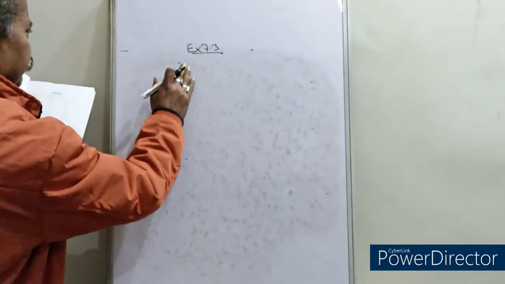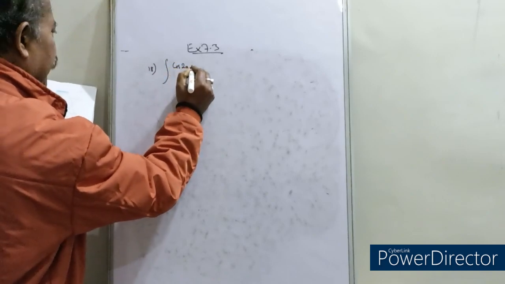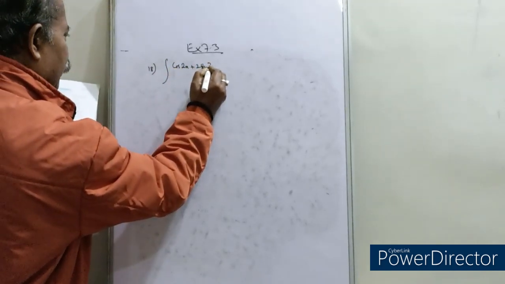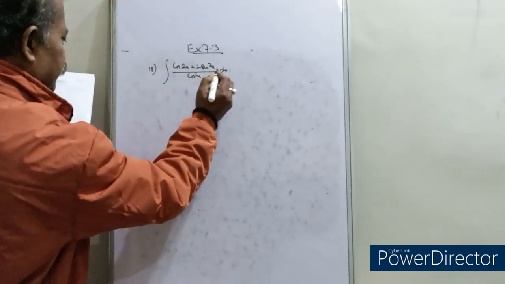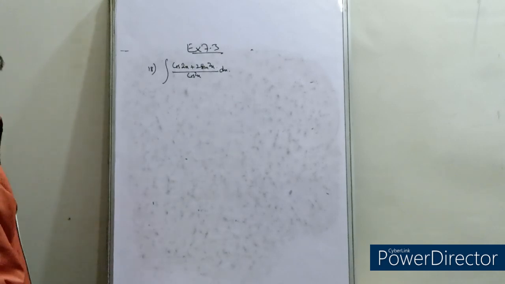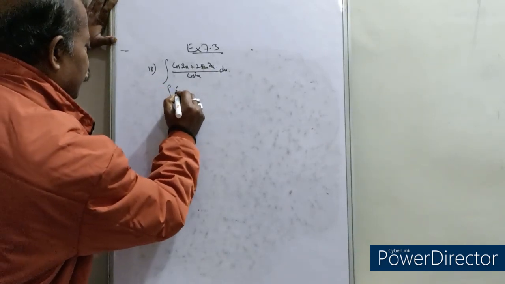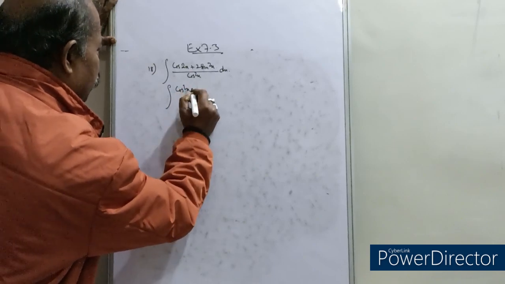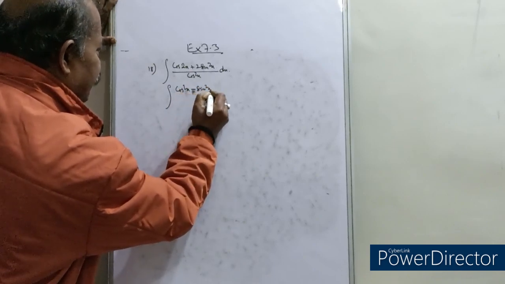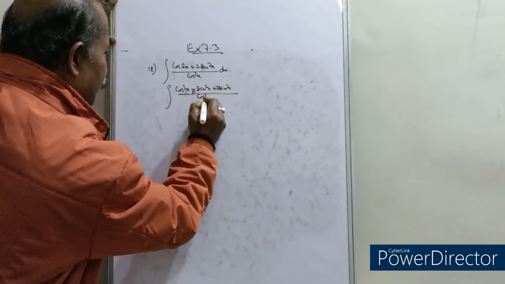Question number 18 is integration of cos 2x plus 2 sin square x by cos square x dx. How to solve it? The formula of cos 2x is cos square x minus sin square x, plus 2 sin square x, divided by cos square x.